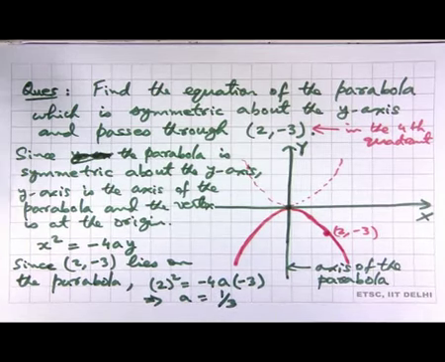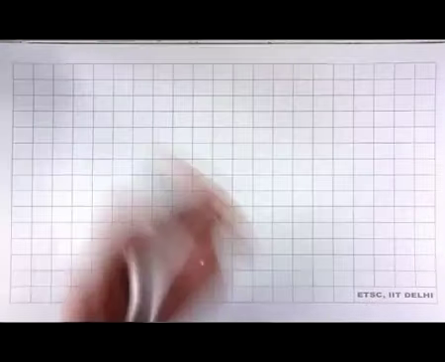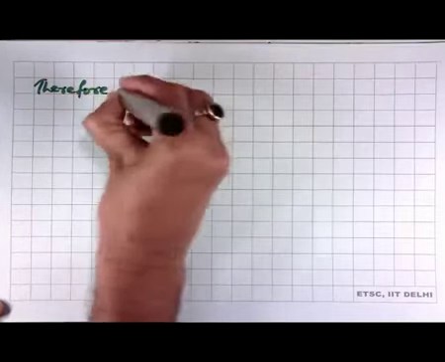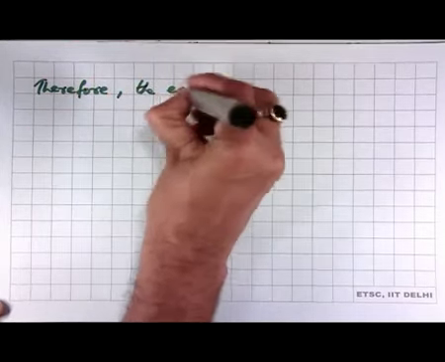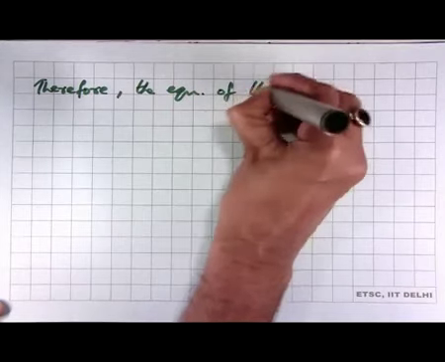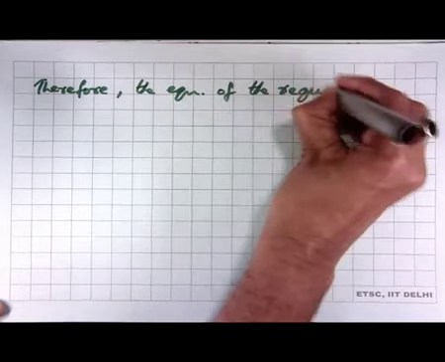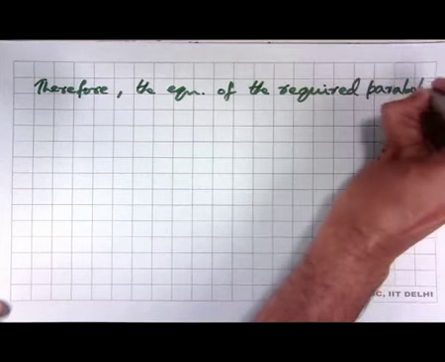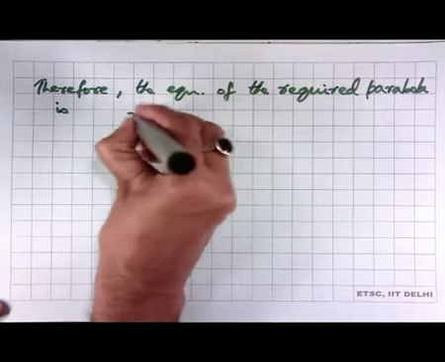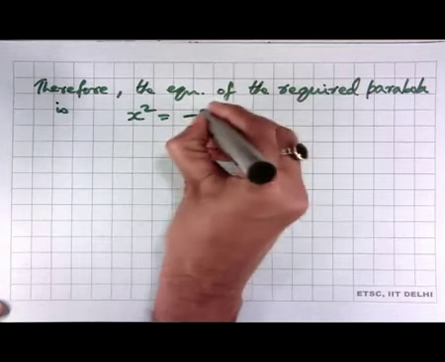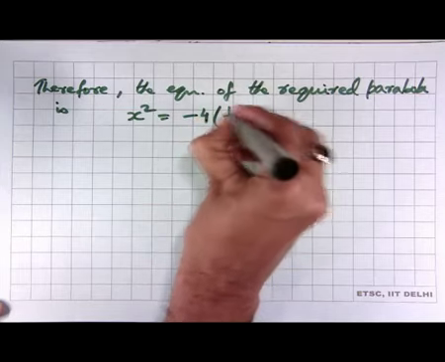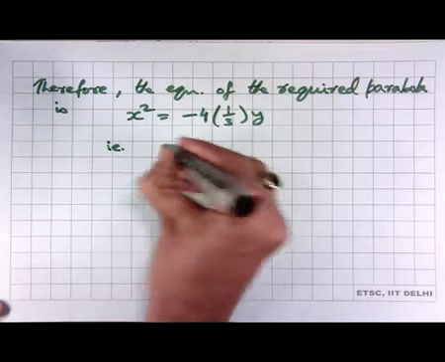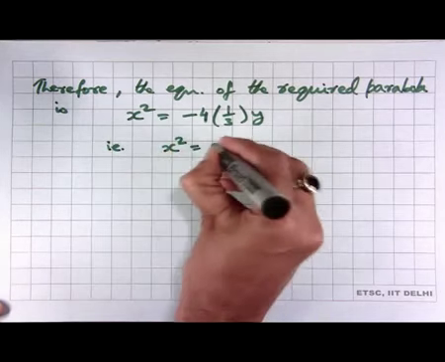So, therefore, the equation of the required parabola is x square equal to minus 4 times a, where a is 1 by 3, times y, that is, x square is minus 4 by 3 y.